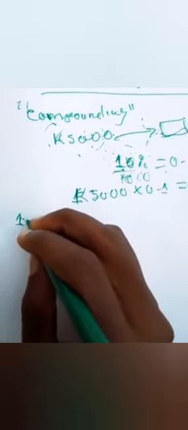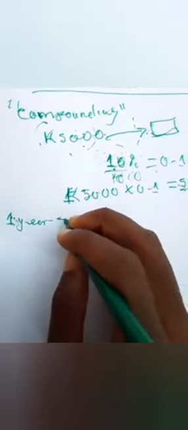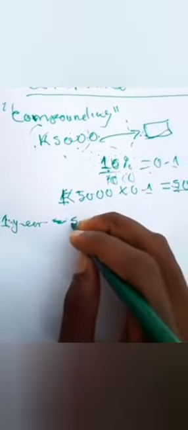So this 500 is what will be added to my bank account. So after 1 year, in my bank account there is going to be 5,500.